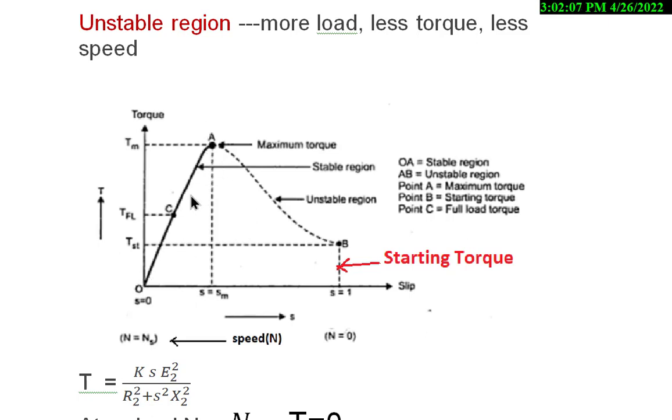From here to here is called the stable region of operation, whereas the dotted region, to the right of the thick line, is the unstable region. The motor is not supposed to be operated in this region.